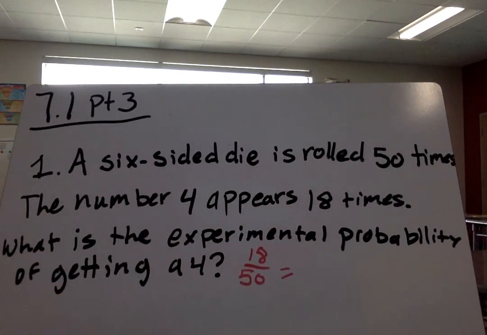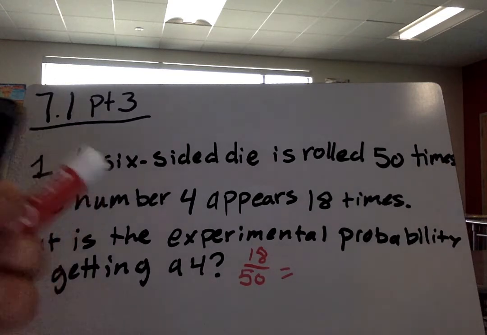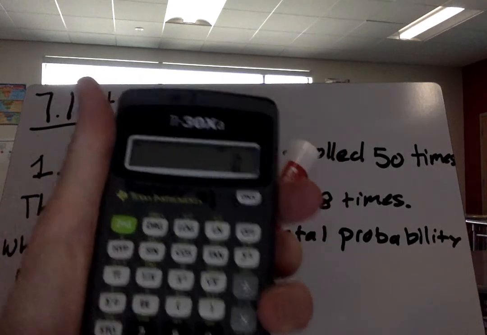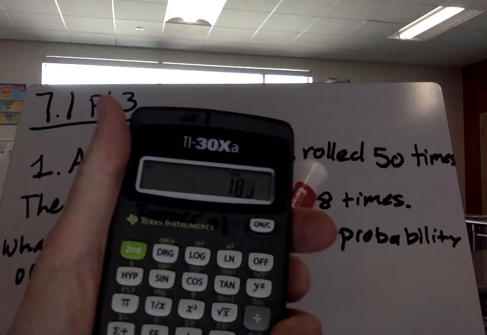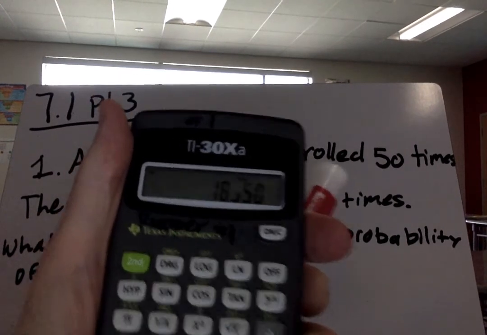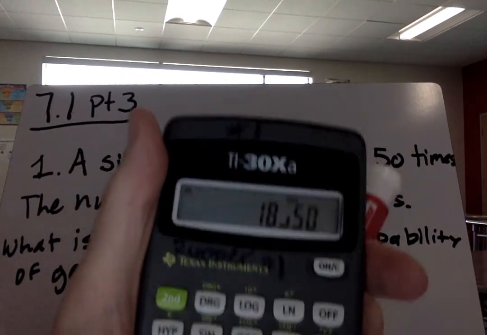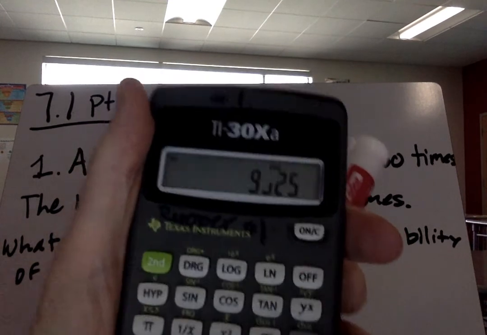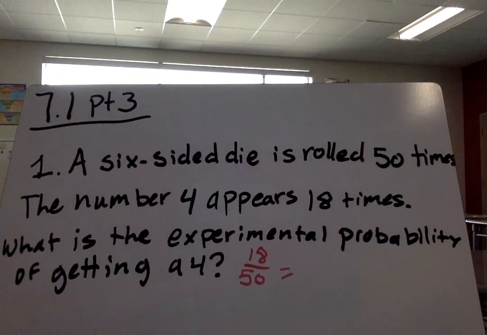Let's see, we're going to take our calculator. Remember how you can put a fraction in there and it'll simplify it? So I can just put it in here, 18 over 50. And there you have it, 9/25.